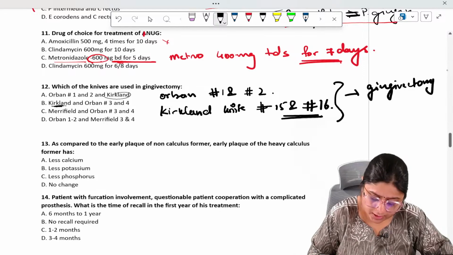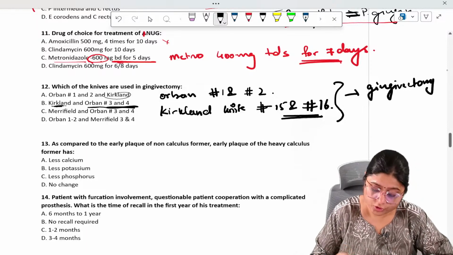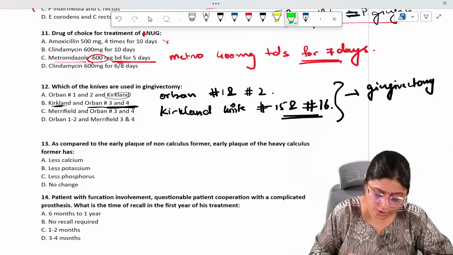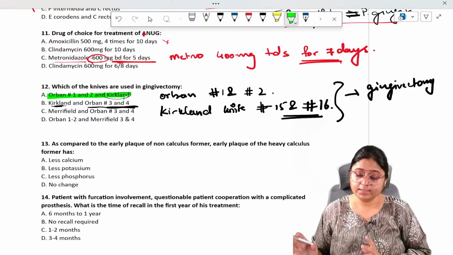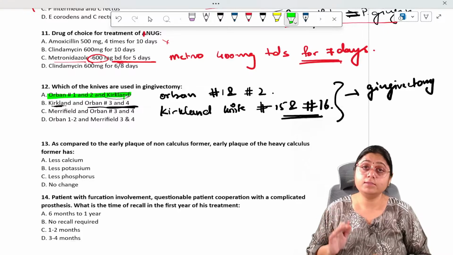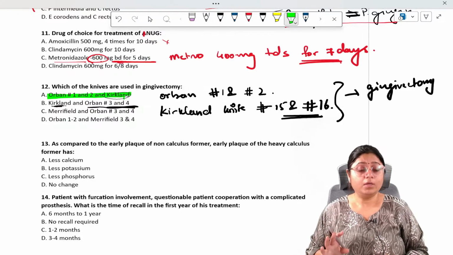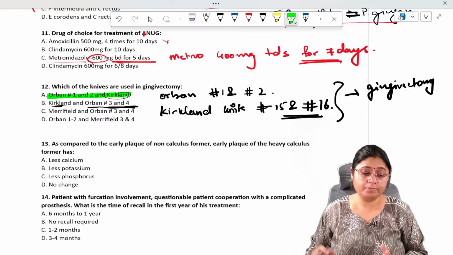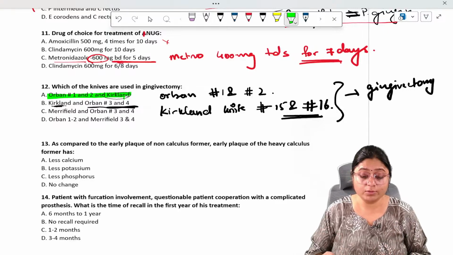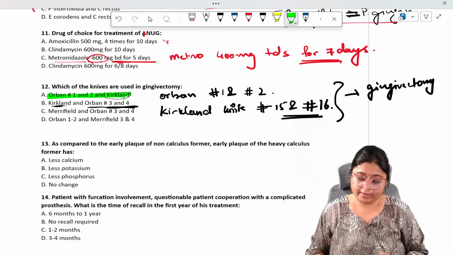Here they have given Kirkland and Orban 3 and 4. Orban 3 and 4 is not used. Orban 1 and 2 is used for gingivectomy. So the answer to this question is Orban 1 and 2 and Kirkland 15 and 16. Okay, remember this number. Now don't get confused. Even if it is given wrong somewhere, I have searched it in many books and then I am telling you that these are the numbers which you need to remember for gingivectomy knives.